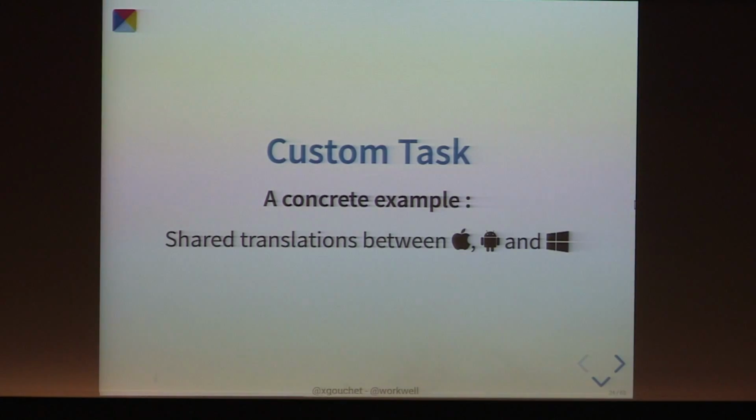That's something that we did at Workwell, where we have shared translation files between iOS, Android, and Windows Phone. The idea is that we have the same wordings for common actions that are applicable on all the devices, and we want to translate them once. So we have them in a centralized server.